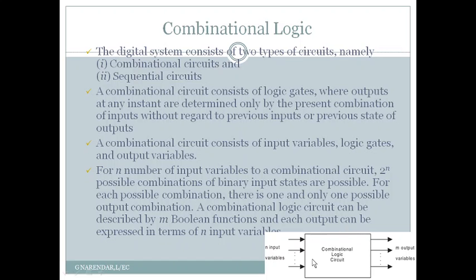This combinational logic circuit contains logic gates connected in some way, and it has n number of input variables and m number of output variables. You can see that these n input variables are processed by the logic gates that are connected and given out as m output variables.